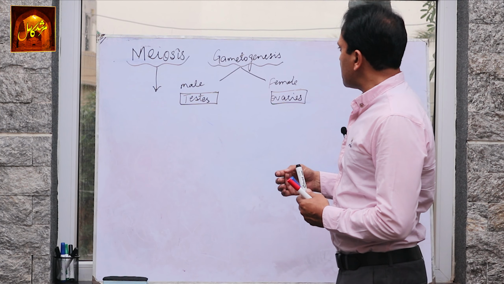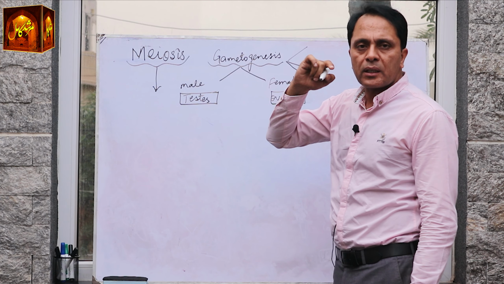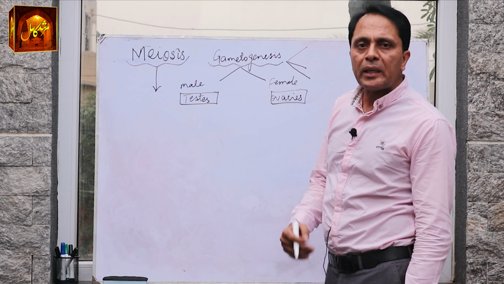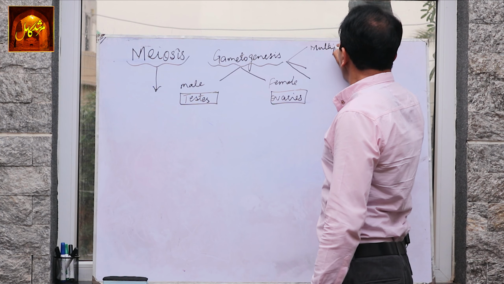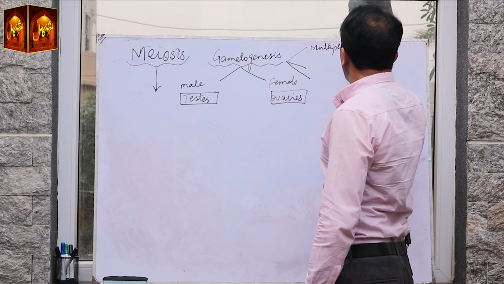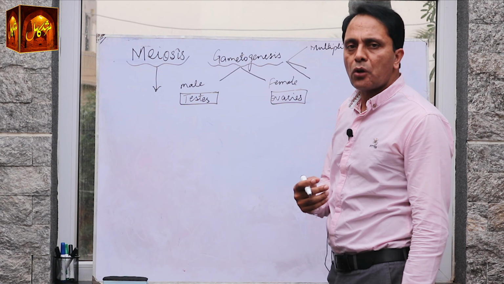The first process is basically a process of multiplication. Second process or second phase is of growth.